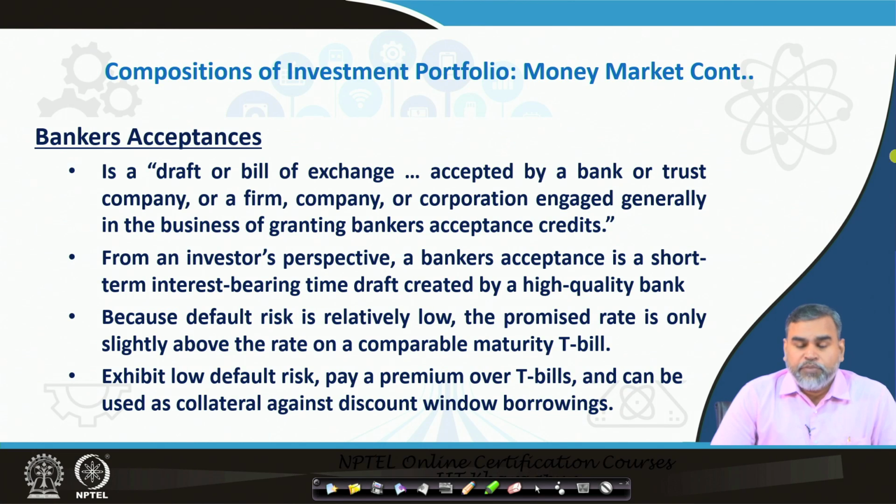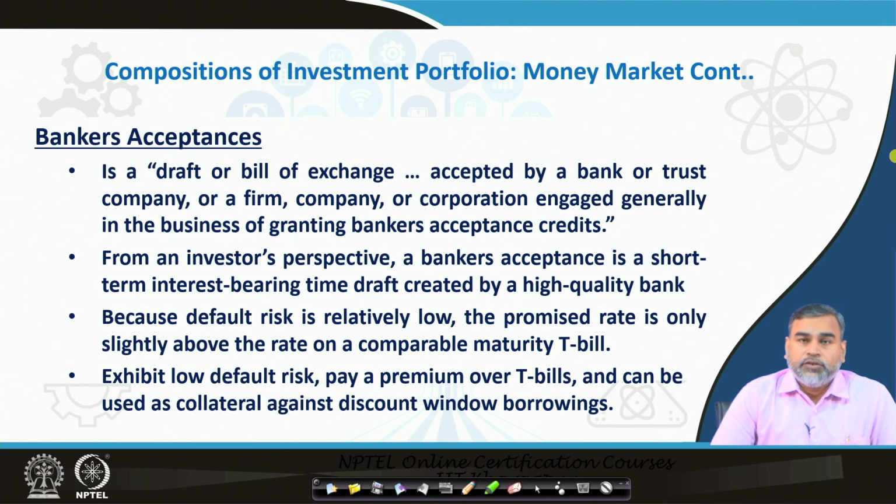So, it pays a premium over T bills and can be used as collateral against discount window borrowings. Because a little bit of risk is involved, although the default risk is very low, it can still be used as collateral against any discount window borrowings the customer wants to make.